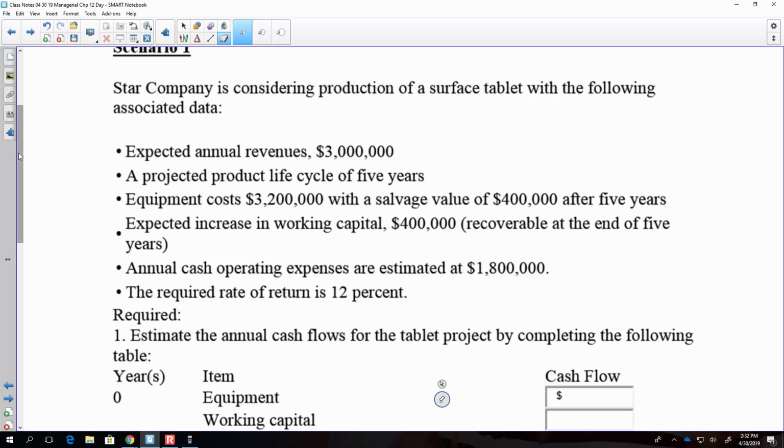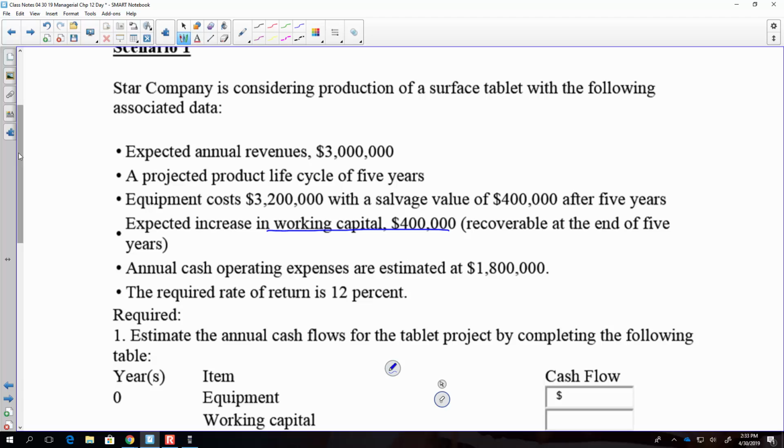It has a $3.2 million cost, salvage value of $400,000, life expectancy is 5 years. In addition to the cost that we're spending for the equipment, we're also looking at an additional cost of $400,000 in year 0, along with that amount to be recovered in the last or 5th year.